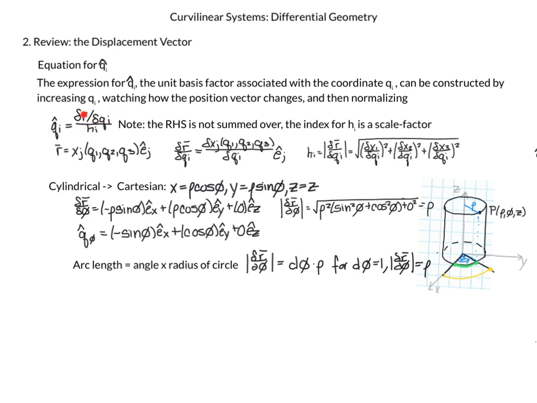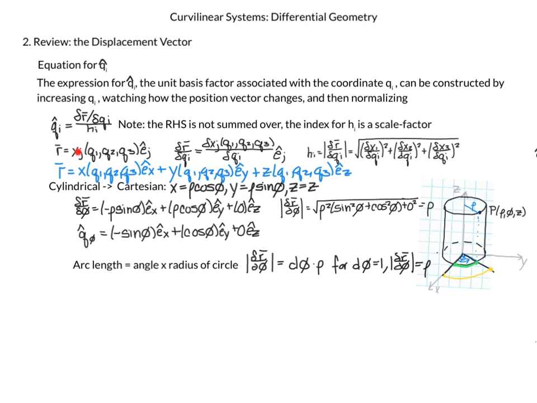So here we have our dr, where r is equal to our x coordinate, which is x of q1, q2, q3. In cylindrical coordinates, q1 would be rho, q2 would be phi, and q3 would be z. And x of q1, q2, q3 is given by this equation here, rho cosine phi.